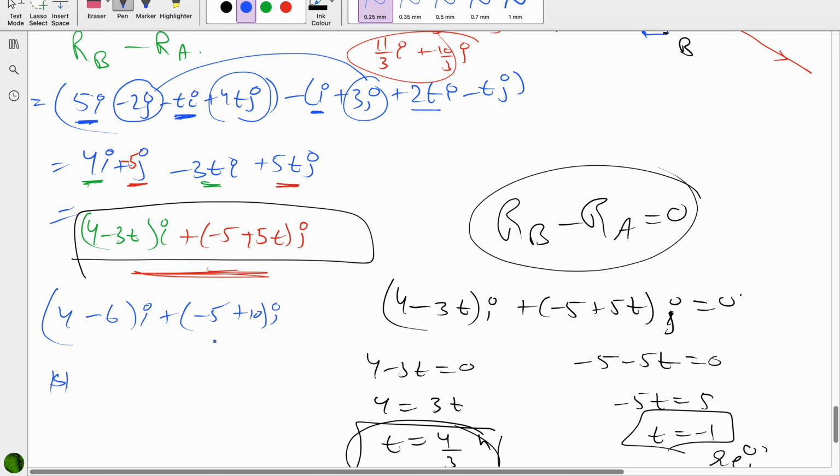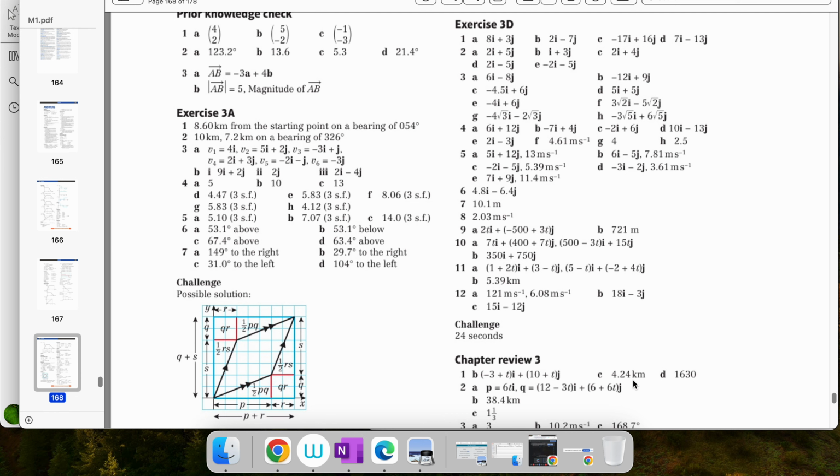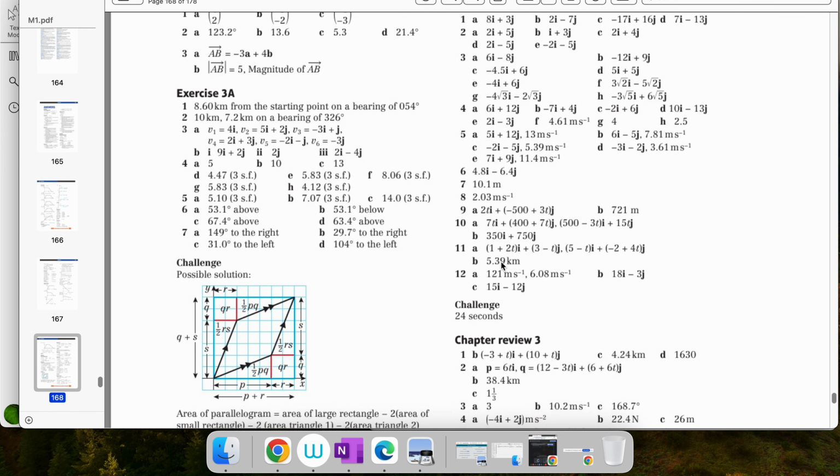So for distance we'll find the magnitude, that is minus 2i and 5j, so 2 squared plus 5 squared, whole square root. So 2 squared plus 5 squared, square root 29, is approximately equal to 5.38 kilometers, which is 5.39.